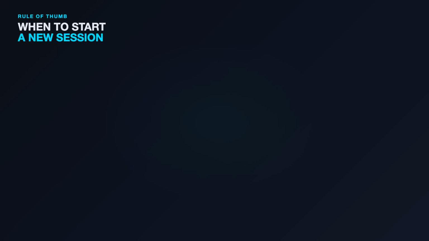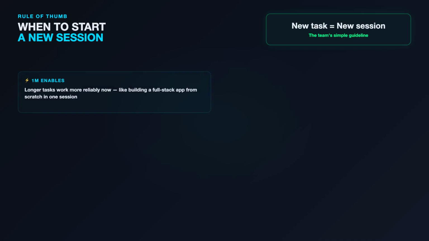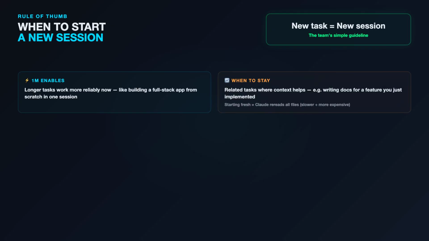So, when should you start a new session versus keeping a long running one? The team's rule of thumb is simple: new task, new session. With 1 million context, you can do longer tasks more reliably, like building a full stack app from scratch. But sometimes tasks are related, and some context is still necessary.